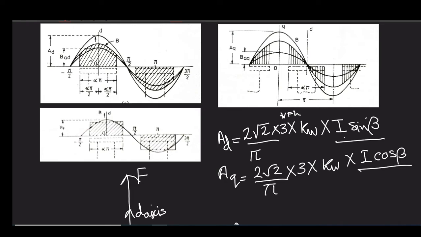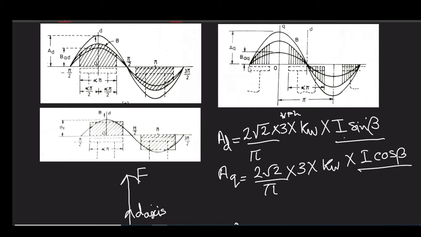The BAD that is produced by this direct armature reaction is quite dominant in nature. But when you look at this one, you can see that this is producing a BAQ.